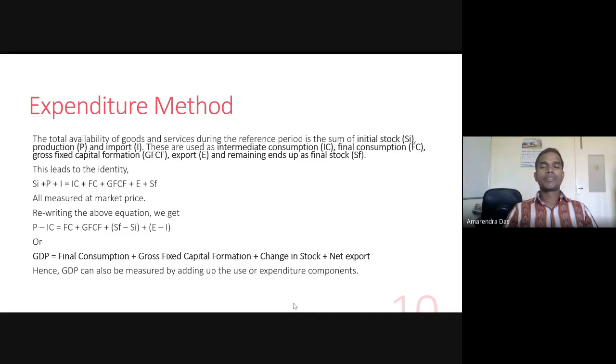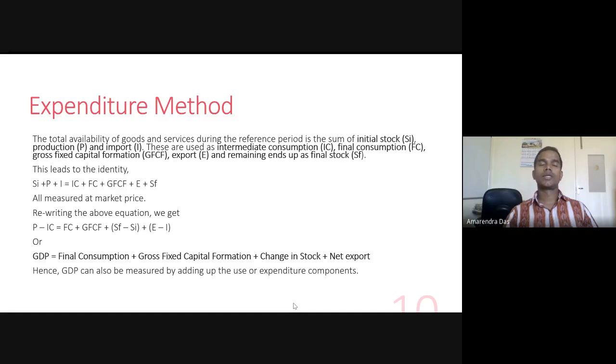So GDP is equal to final consumption plus gross fixed capital formation plus change in stock plus net export. And that's how we can estimate GDP by adding up the use or the expenditure components.